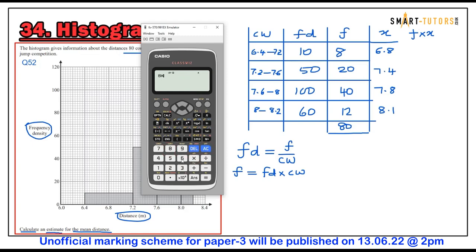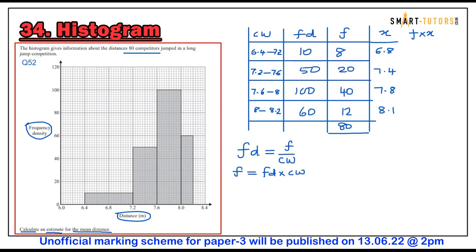So 8 times 6.8. It is a calculator paper, so I'm going to do the calculation quickly, and they might give this question because it's a calculator paper. That is 54.4. Show all the answers. 7.4 is the X value times 20, and the answer is 148.